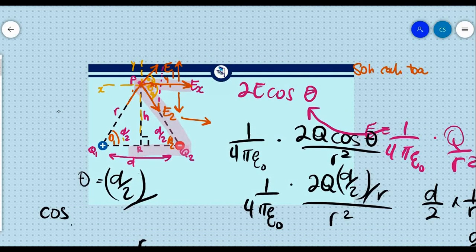Let's say H is far greater than D. So the distance that separates the charges is way less than the distance at which the electric field strength is felt in this dipole here.